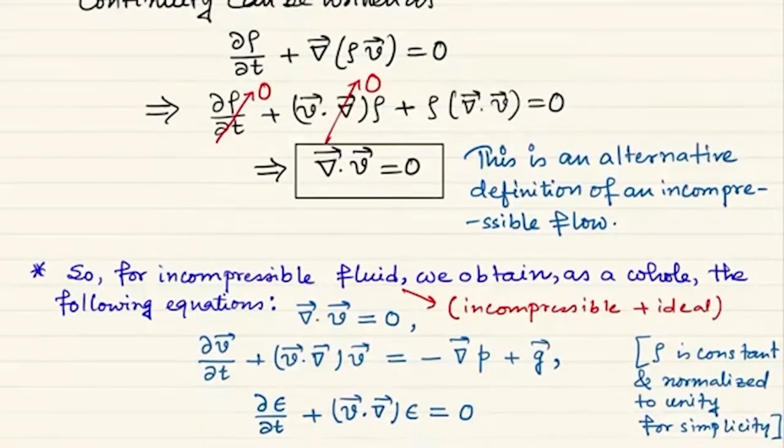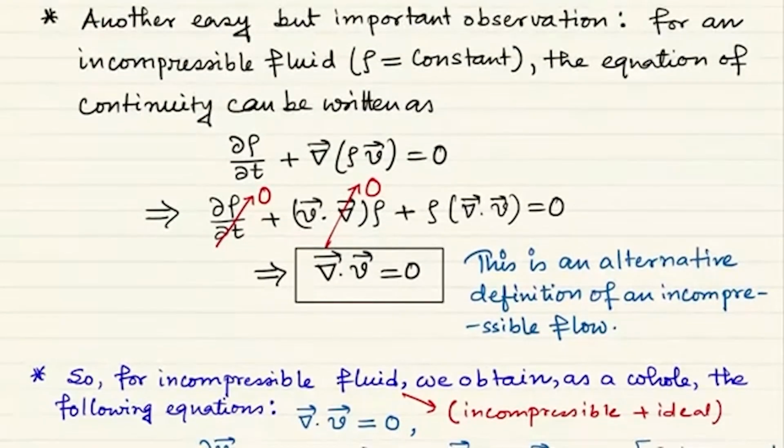Our fluid is basically ideal, and now we are also taking different particular subclasses, for example incompressible, barotropic, etc. And for an incompressible fluid, actually here there is no question of ideal or non-ideal, the equation of continuity can be written as del rho del T plus divergence of rho v is equal to 0.